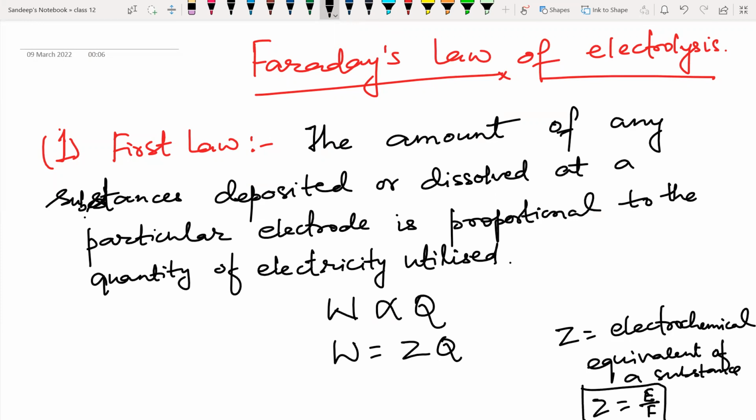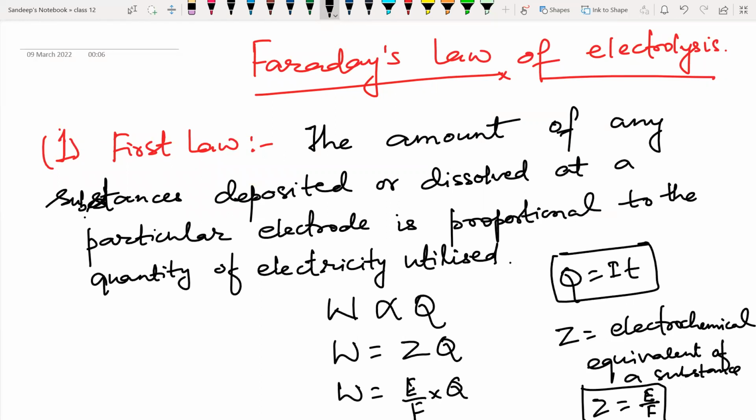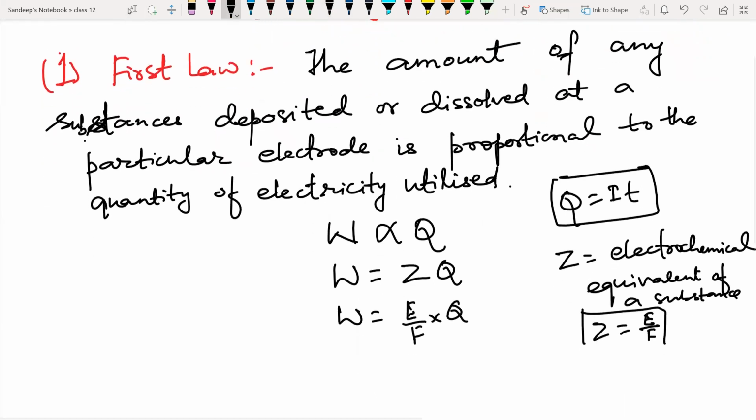So Z is equal to E upon F, and we can write W equal to E upon F into Q. We know that charge is equal to current into time, so we can put this in the equation. So W is equal to EIT upon F.